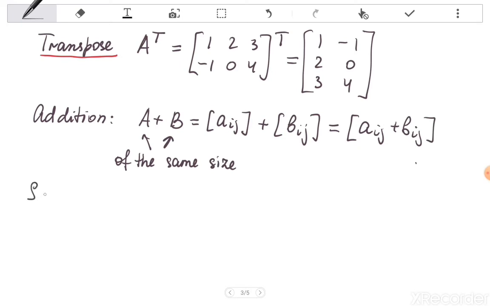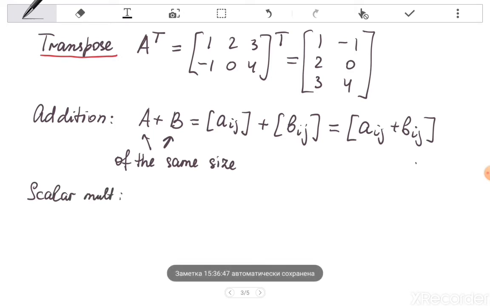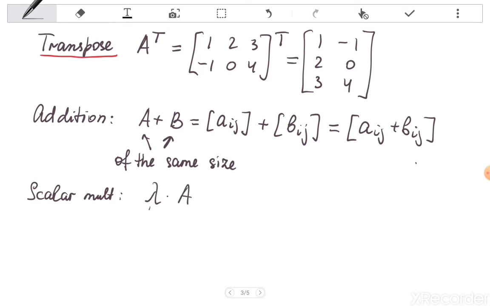Similarly, we can introduce scalar multiplication. Let's take some number, let's say lambda, times matrix A. This is a new matrix which consists of the pointwise multiplication of terms by lambda.